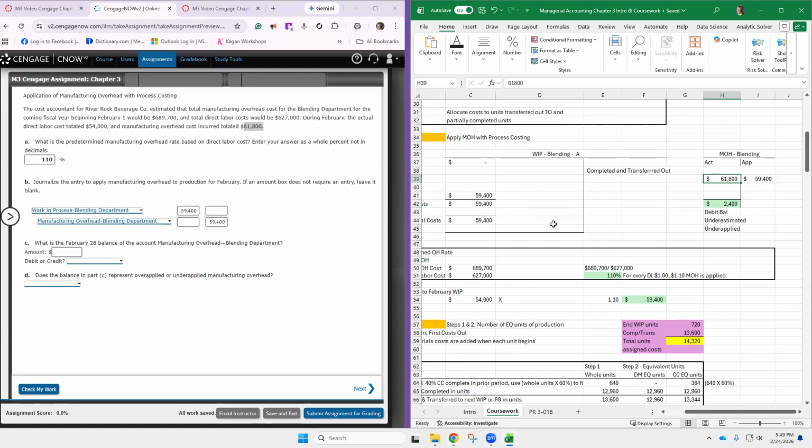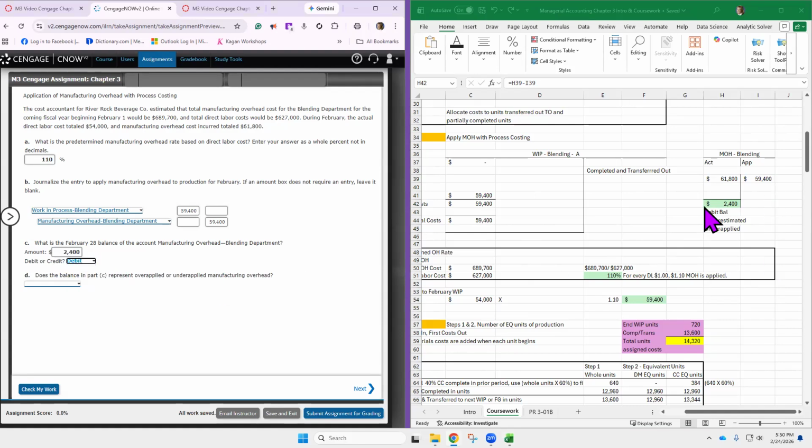So 61,800 actual, 59,400 is what we applied, and we have a debit normal balance of $2,400. It is a debit.